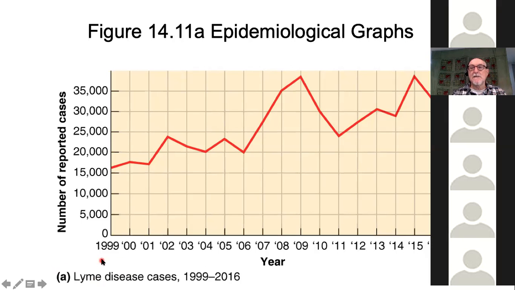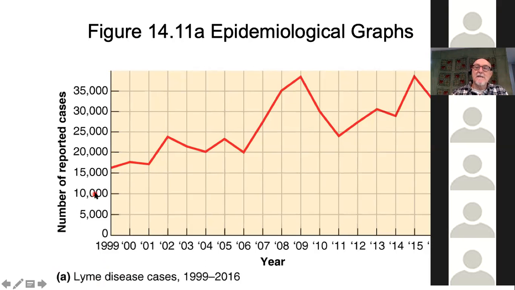Lyme disease is a tick-borne disease, and it did definitely show a sudden increase in numbers in the early parts, 2007, 2008, around about there. Exactly why, nobody is absolutely clear.